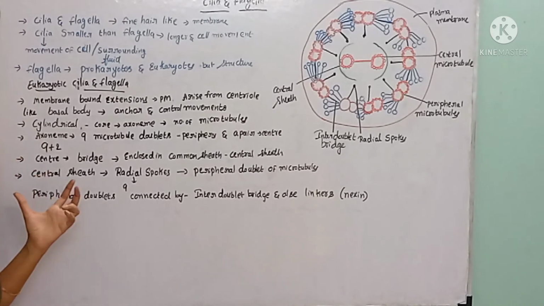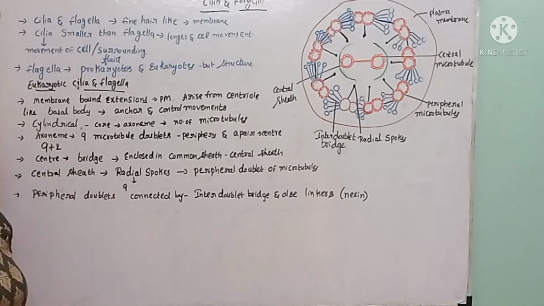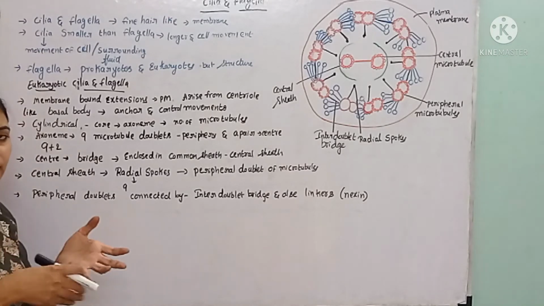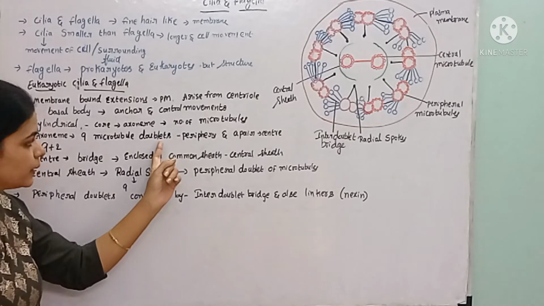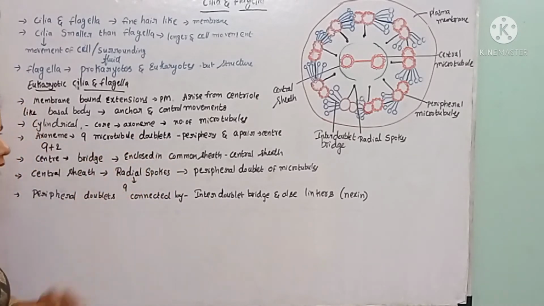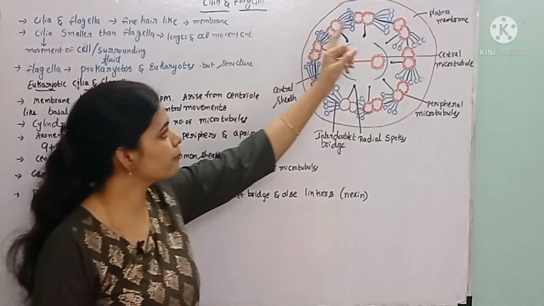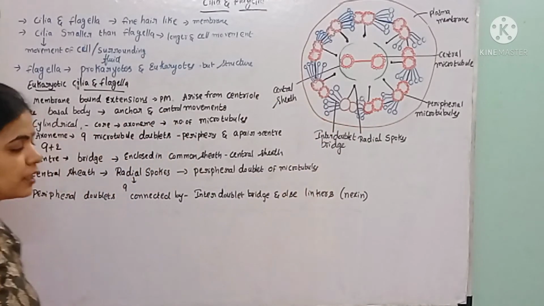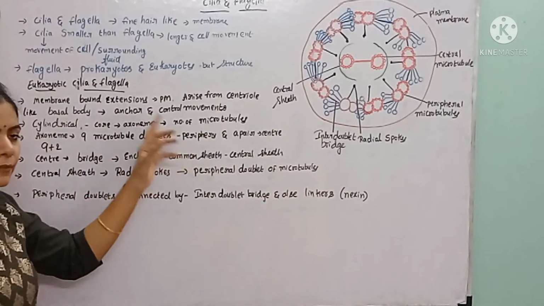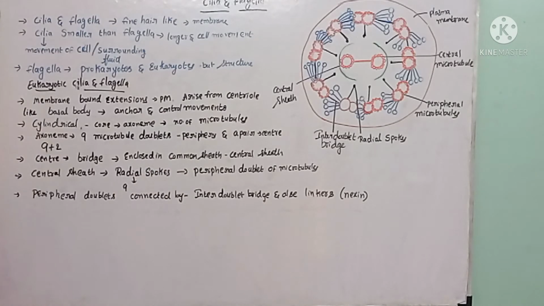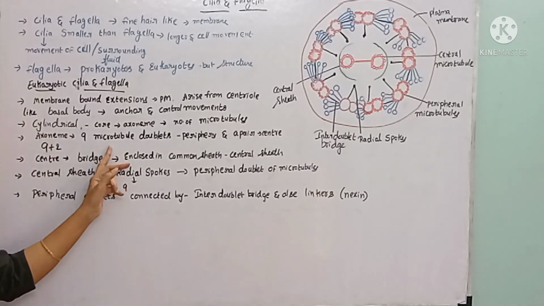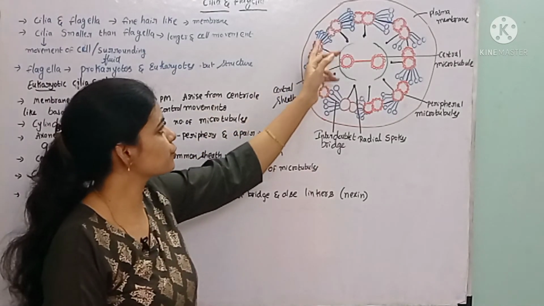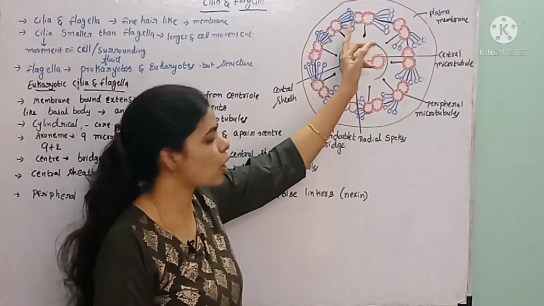These are cylindrical in structure, and inside the cylindrical structure there is a core, which is called the axoneme. Inside this axoneme, a number of microtubules are present. The axoneme consists of 9 microtubule doublets. See here, these two are present, right? This is called a doublet.